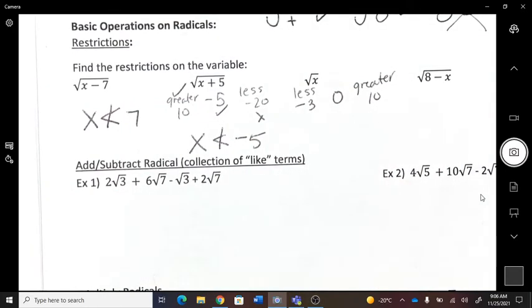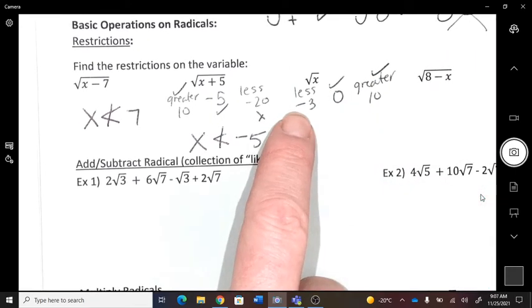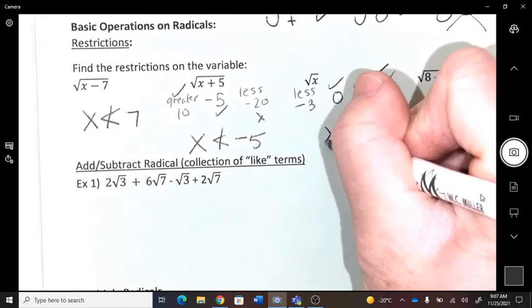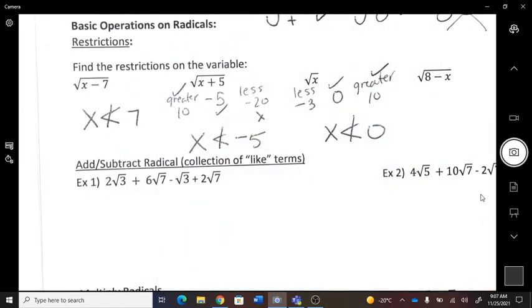Which side works, which side doesn't work? We could square root if we're bigger than 0, if we're equal to 0, but we can't square root less than 0. So what don't I want? I don't ever want x to be less than 0, or else it's just not going to work.